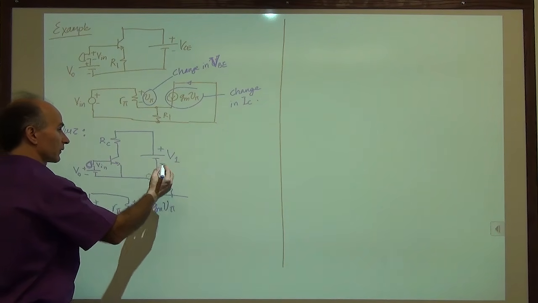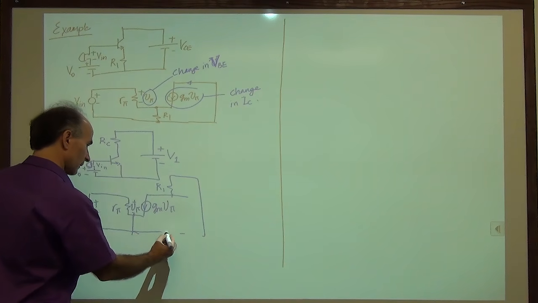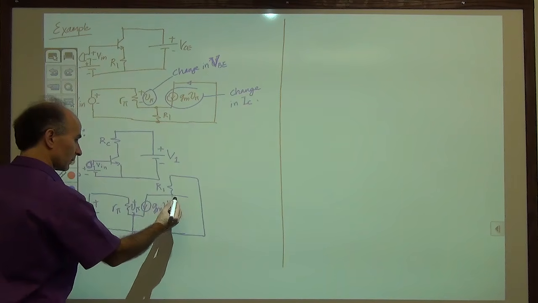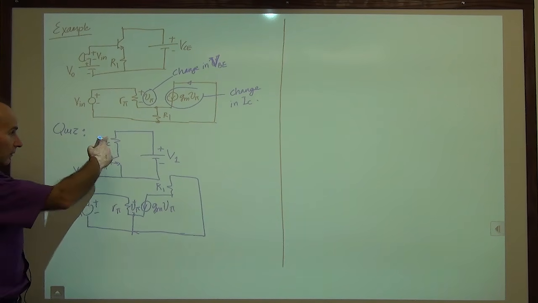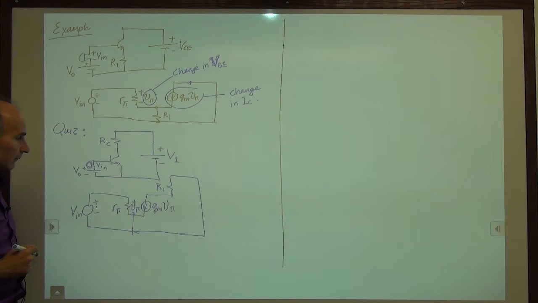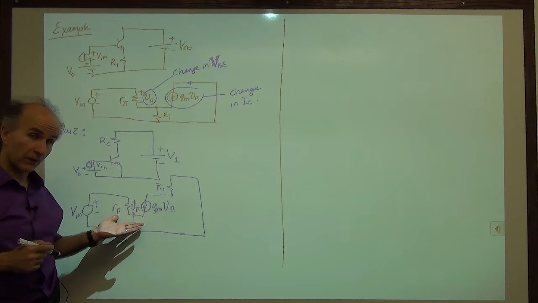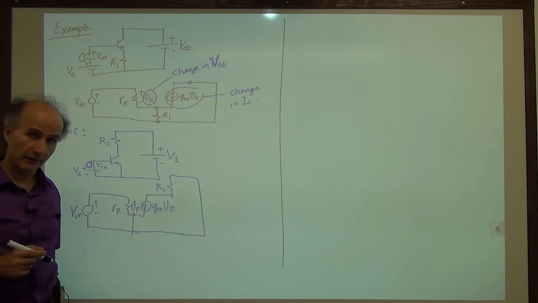And then this voltage source is a short circuit, so we have this. And if you don't like this extra wire here, we can erase it to make it clearer. Okay, so that is the small signal model of the transistor and the rest of the circuit. Later on we will see that using these types of models we can analyze circuits much more easily than having lots of exponentials and things lying around.